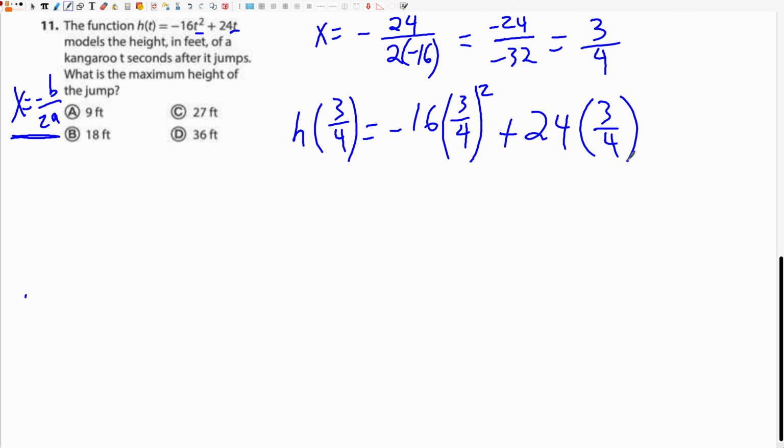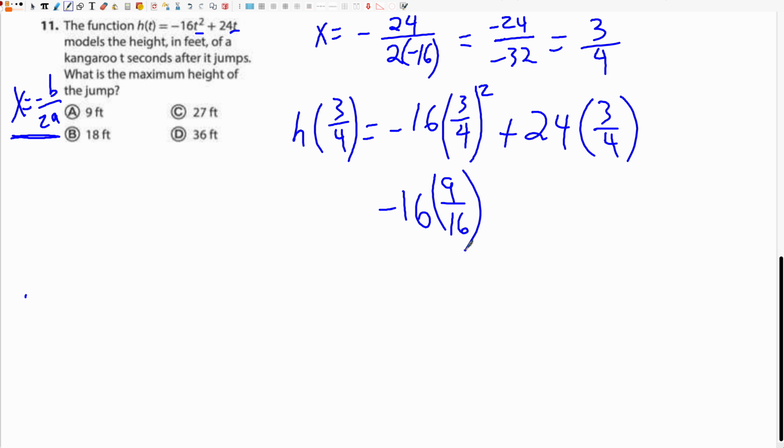Okay, so 3/4 squared would be 9/16. 3 squared is 9, 4 squared is 16. So 3/4 squared is 9/16.